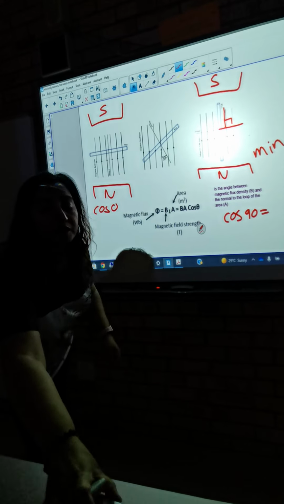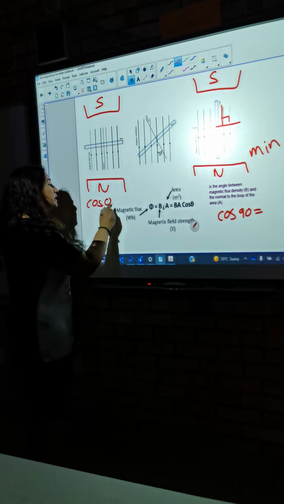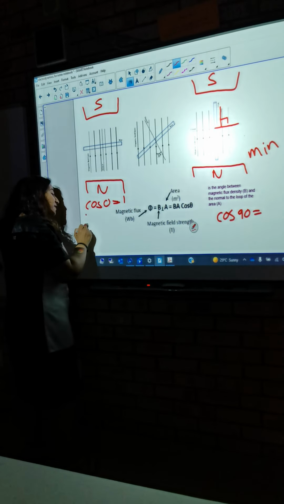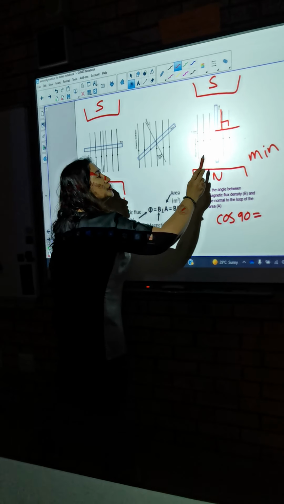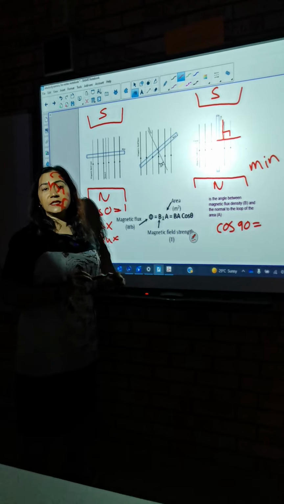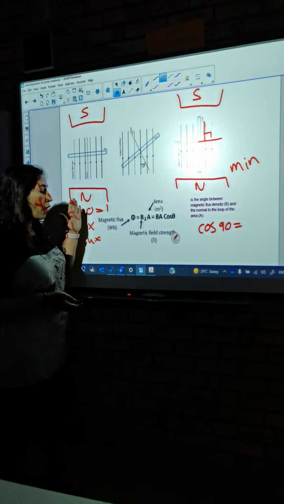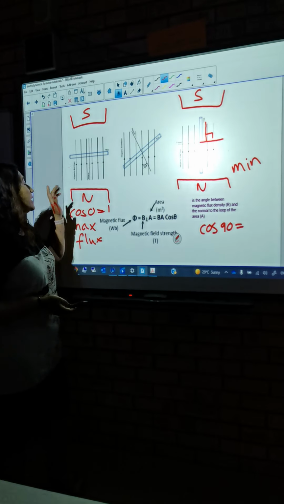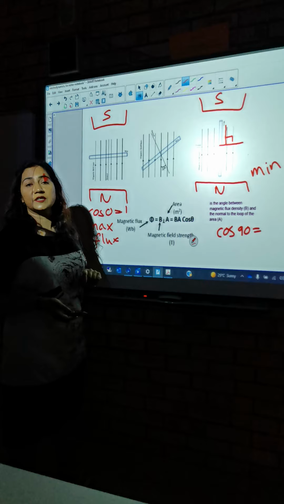And if you put cos 0 onto your calculator, you will see that cos 0 is equal to 1. And so this is maximum flux, and the other is minimum flux. And any angle between that is going to still give us an EMF induced, but we want it always to be where the conductor is going to be perpendicular to the magnetic field.